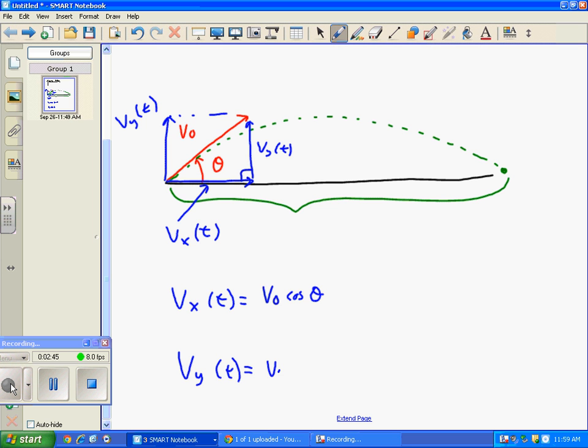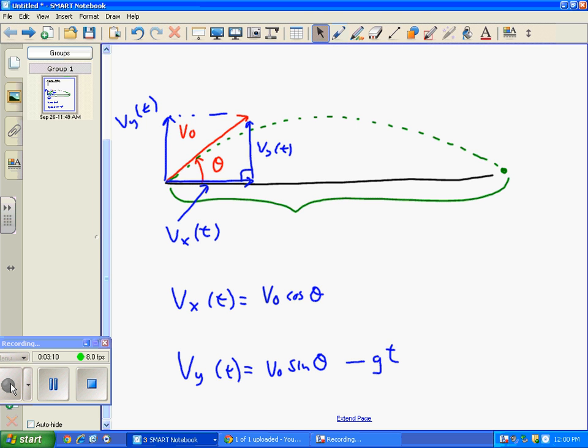It would be v0 sine of theta. The problem in the vertical direction, though, is that as soon as you release this object or whatever you fired, gravity immediately starts to act on it, right? So you start subtracting off your velocity in the vertical direction, and the expression for that is going to be minus g, the constant for gravity, times time.